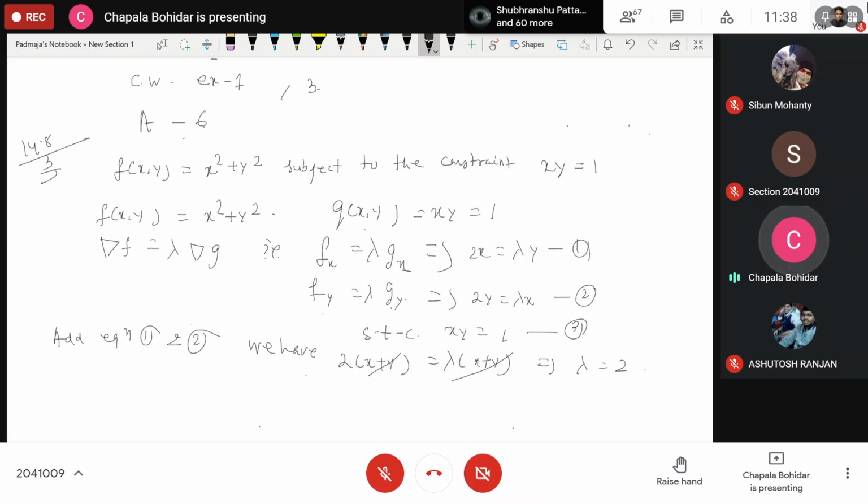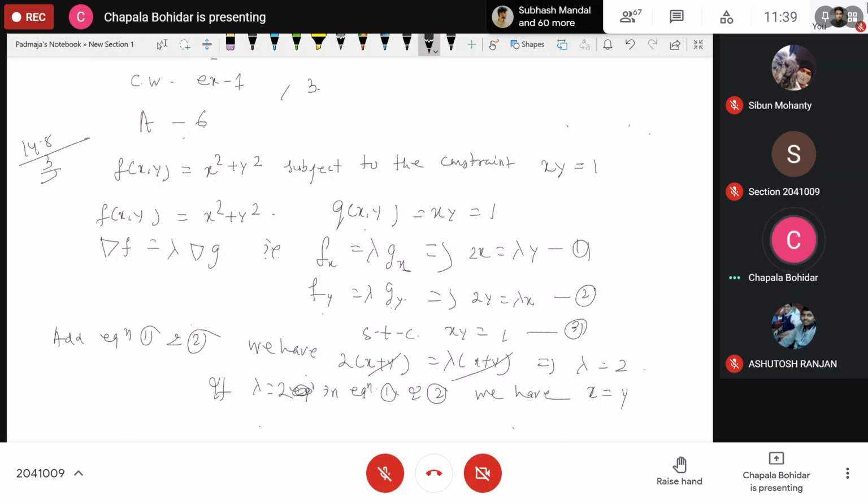If lambda is equal to 2, from equations 1 and 2 we have x is equal to y.